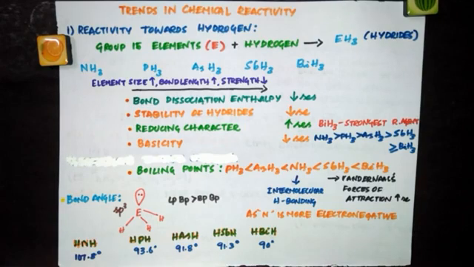hybridization, the geometry of the molecule will be tetrahedral and the bond angle will be 109.28 degrees. When there is sp3 hybridization, how many orbitals will be there on the central atom? 4 hybrid orbitals, because sp3, s1 p3, 3 plus 1 is 4.